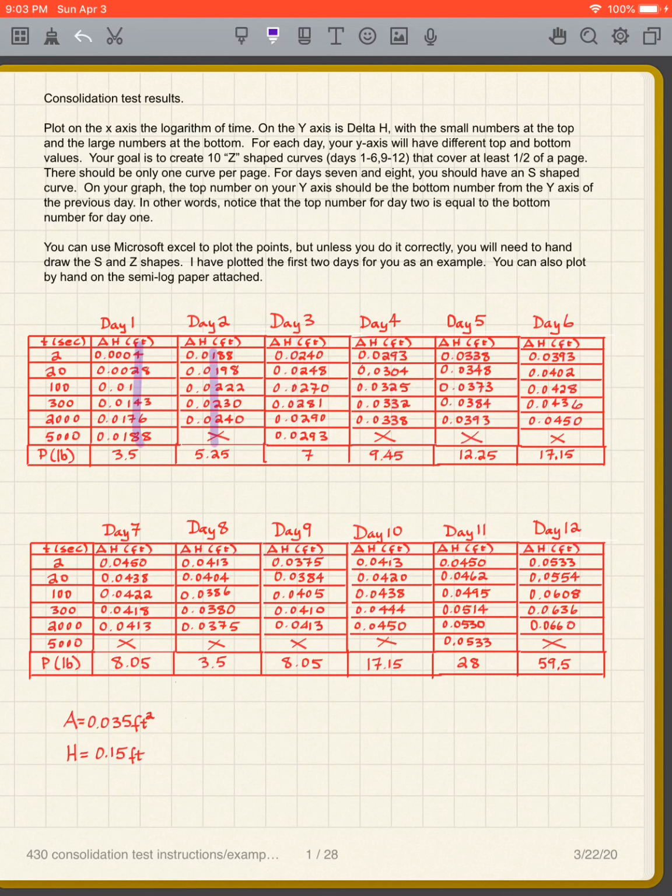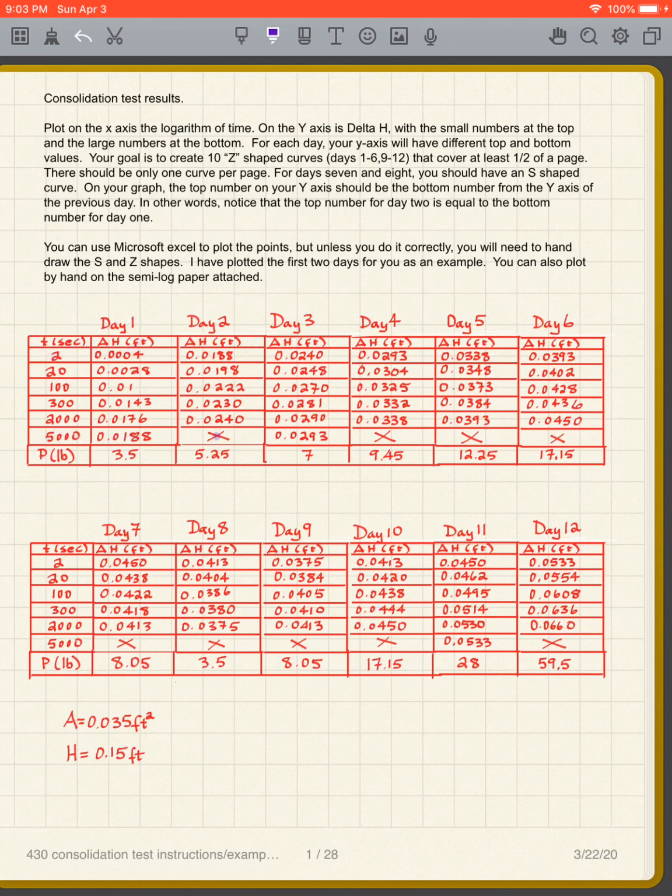Now, what changes each day is the load that is put onto the sample. So this load in pounds, so in day 1 we put 3.5 pounds on the sample, and we measure the delta H with time.